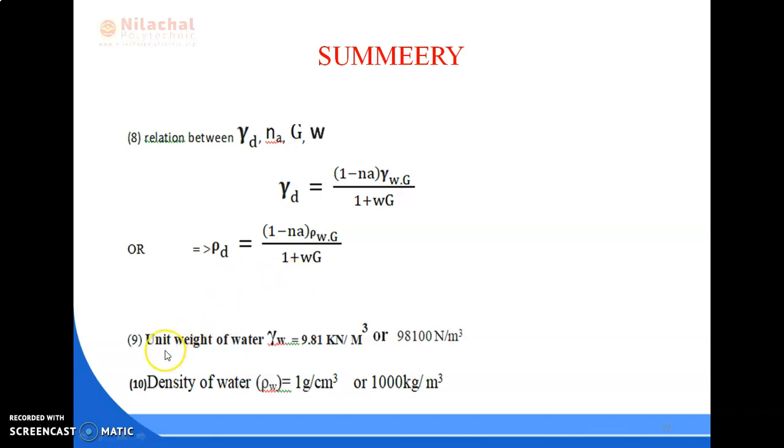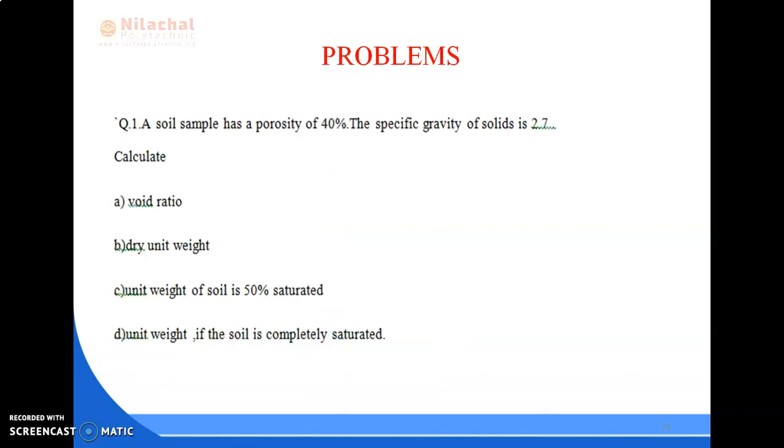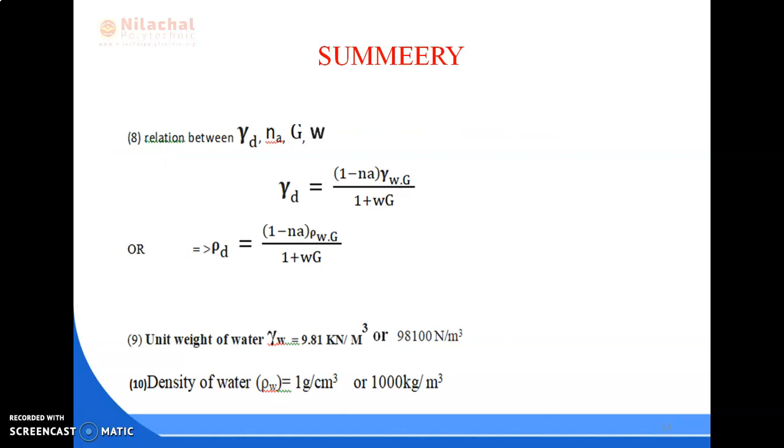Number 9, unit weight of water, gamma w equal to 9.81 kilonewton per meter cube or 9810 newton per meter cube, and density of water rho w equal to 1 gram per centimeter cube or 1000 kg per meter cube. So this much is the summary of this whole chapter, chapter 2.